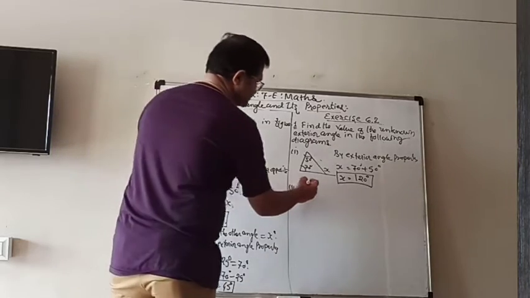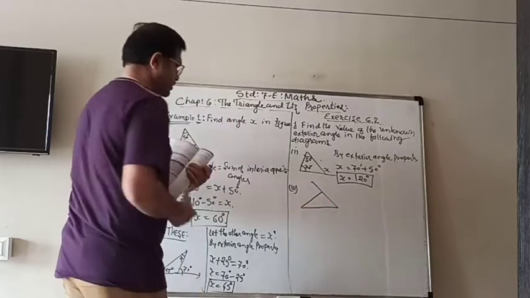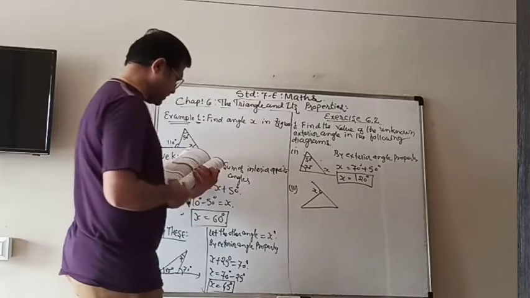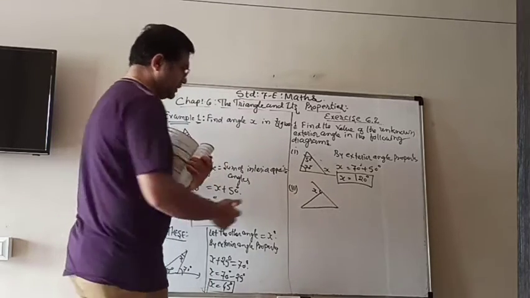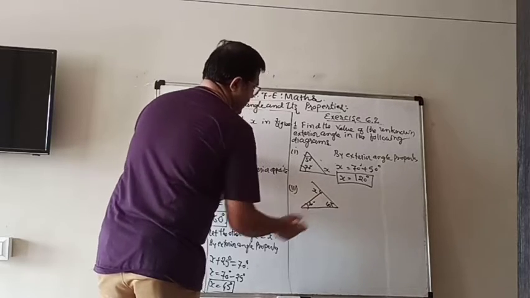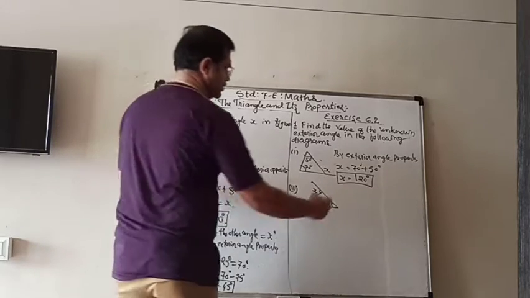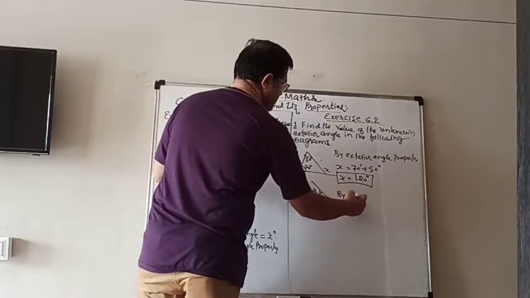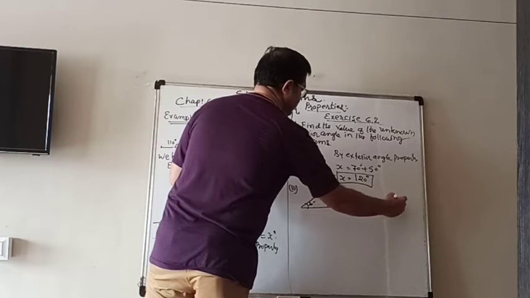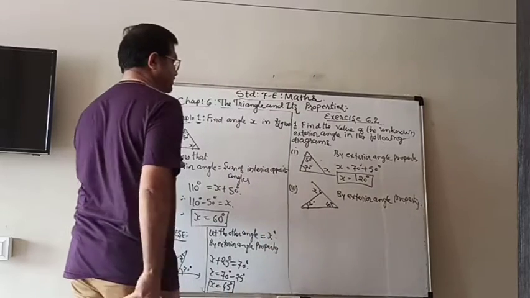In the third one, the figure is like this. Value of exterior angle is x, and the interior opposite angles are 30 degree and 40 degree. So now, by exterior angle property, always you have to mention the name of the property.